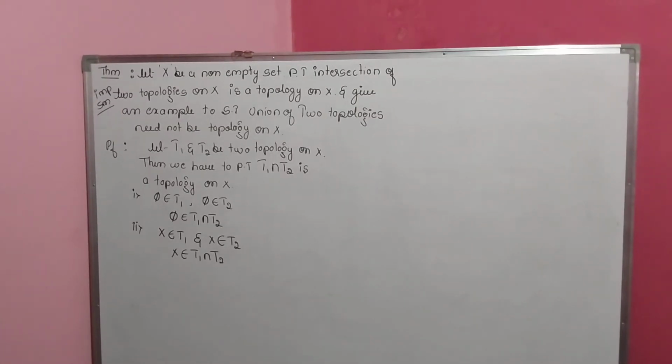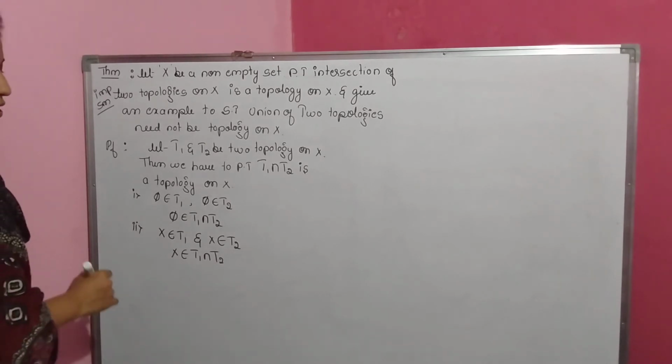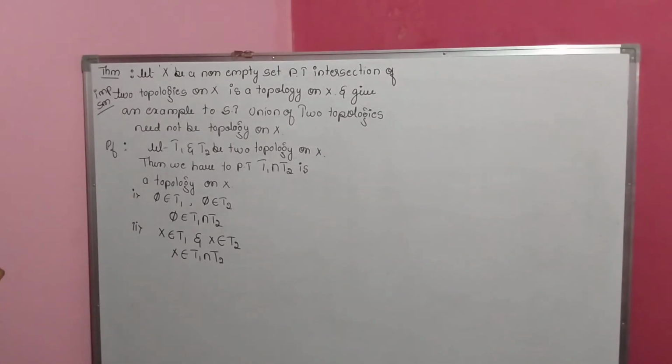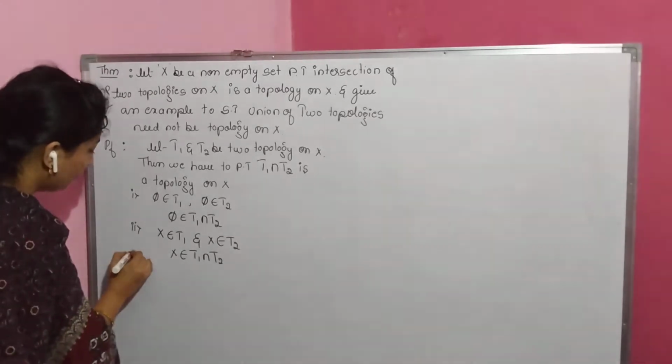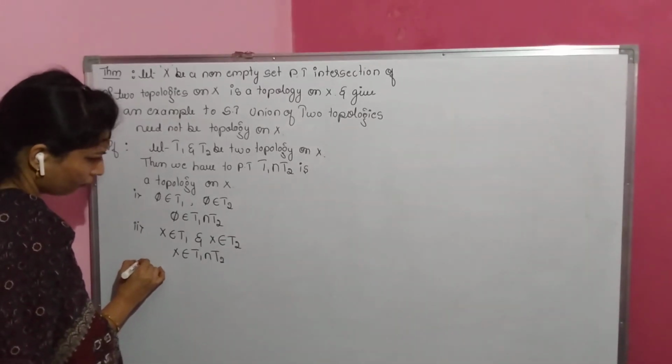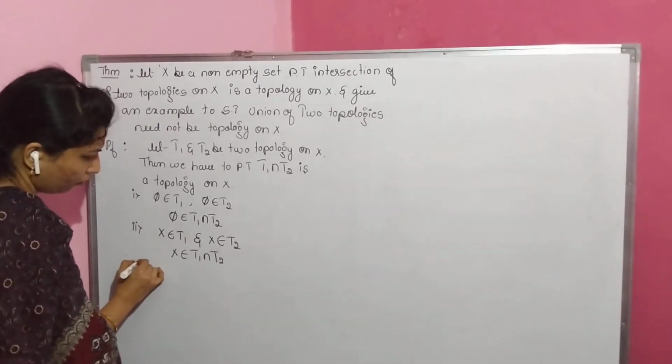Then next we have to check for union and intersection. If these conditions are satisfied, then only we call T1 intersection T2 a topology on X. Therefore, here we consider the third one.